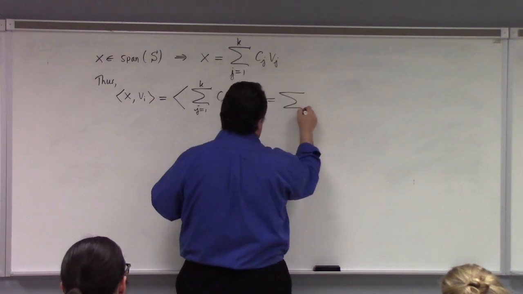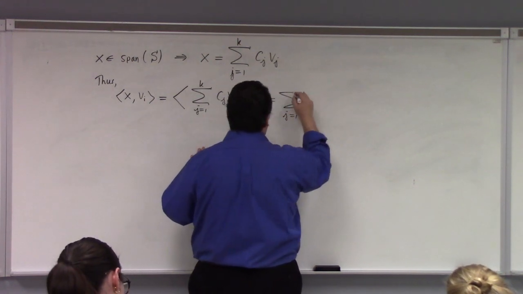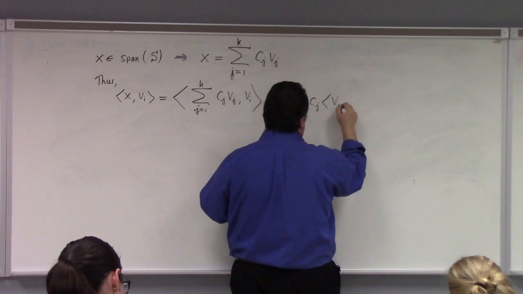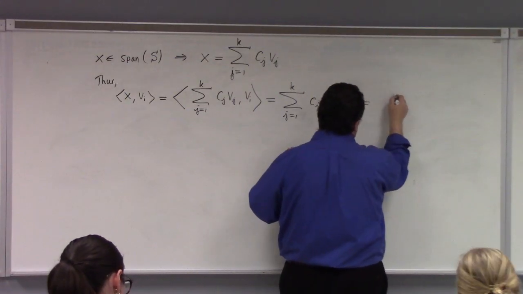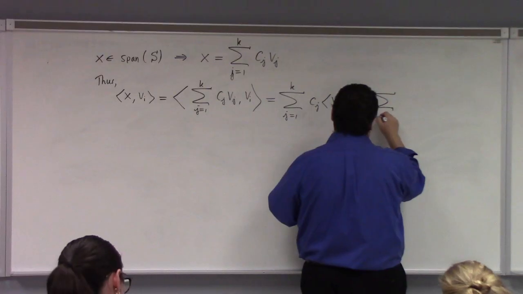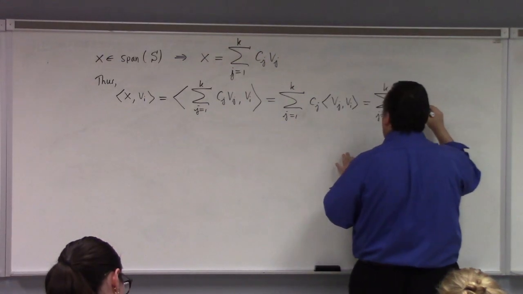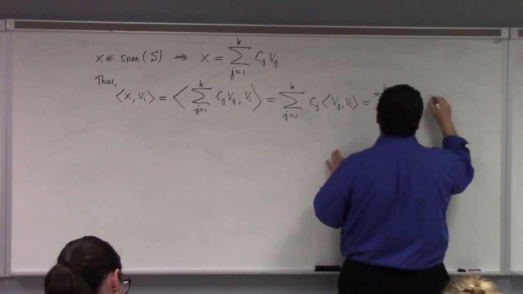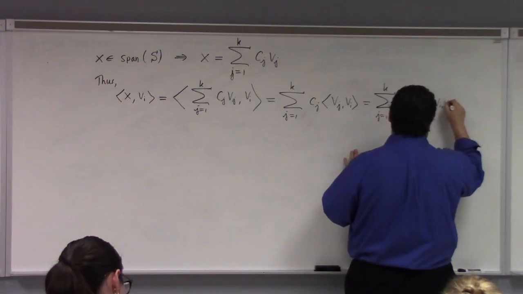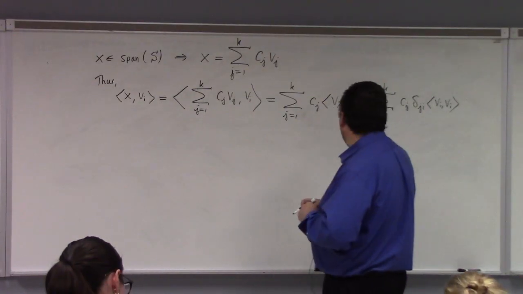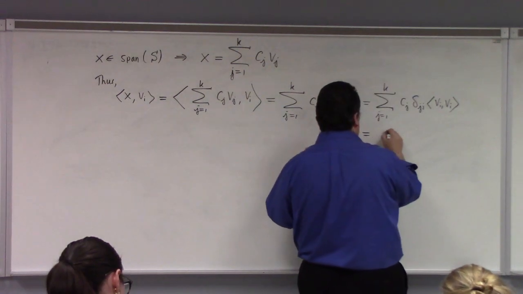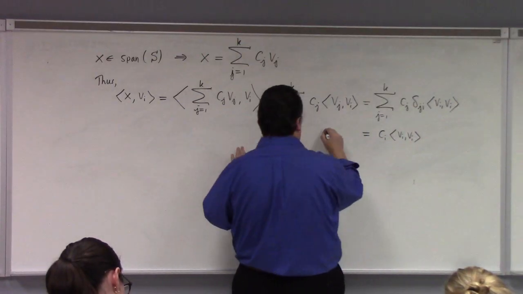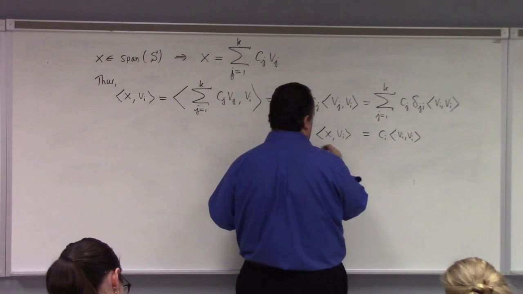Which is equal to, by the previous class period's proposition, sum j equals 1 to k of cj inner product of vj with vi, which is equal to the sum j equals 1 to k of cj with the Kronecker delta ji of the inner product of vi with vi. But that, of course, is just ci times the inner product of vi with vi. And so we've got that x with vi is equal to that.